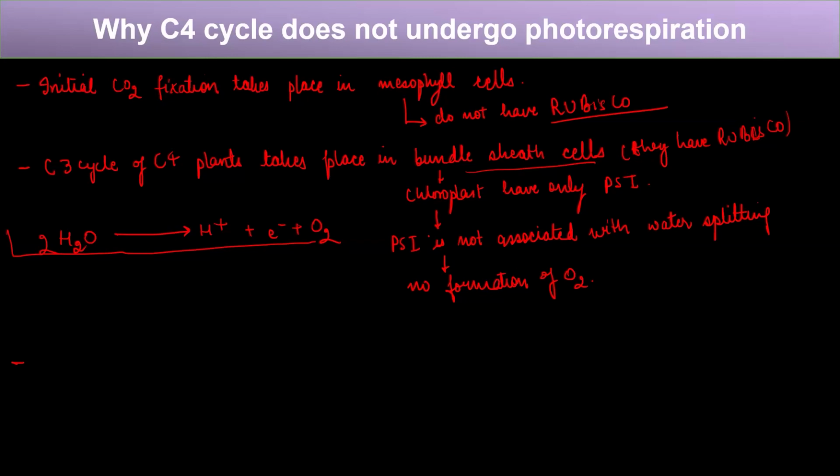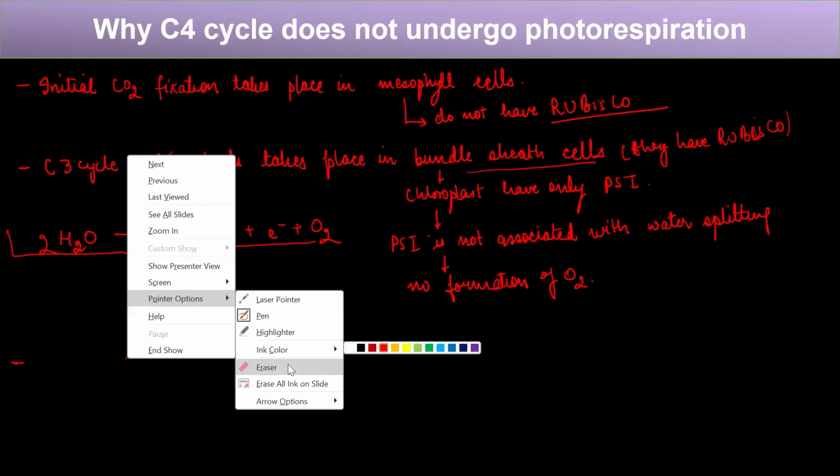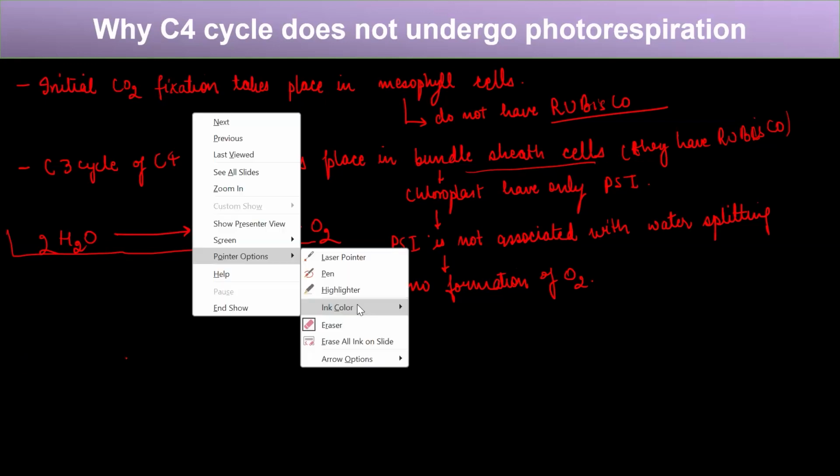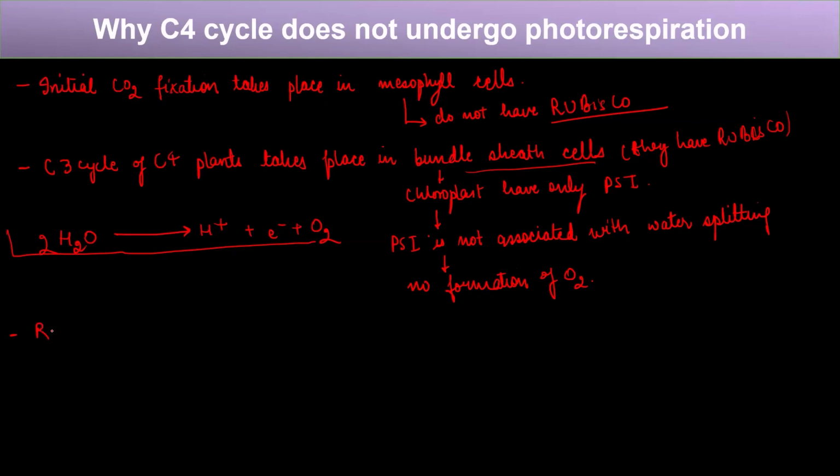And we know that Rubisco has high affinity for carbon dioxide.